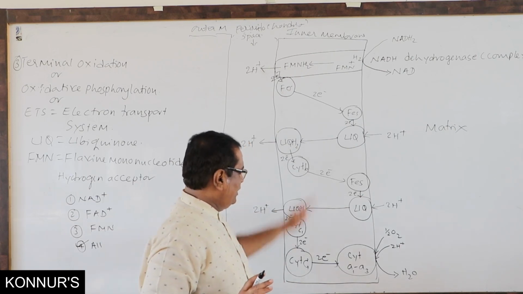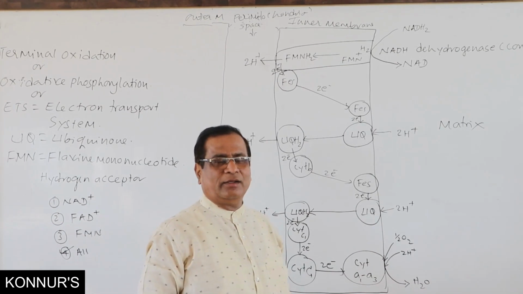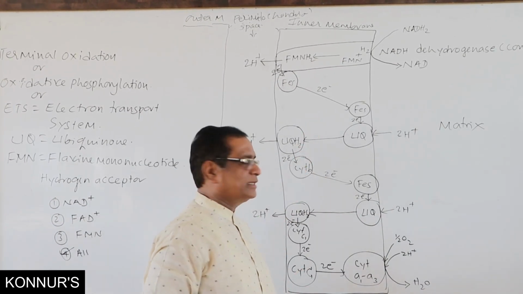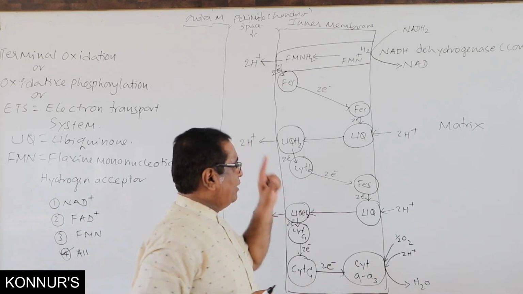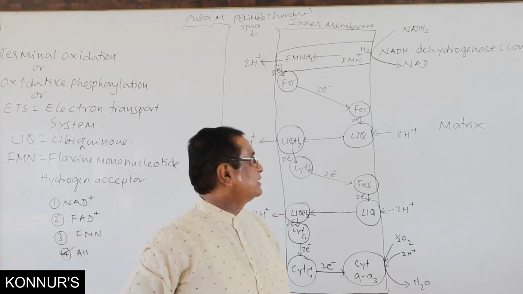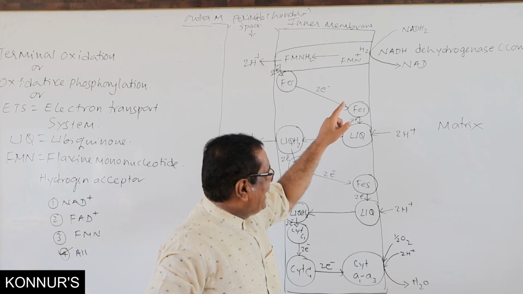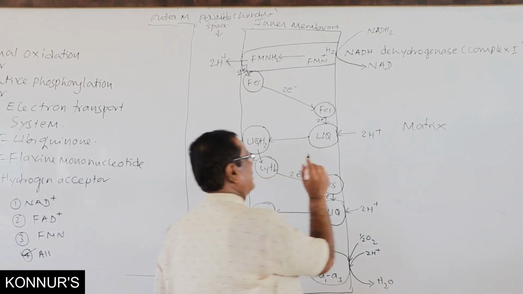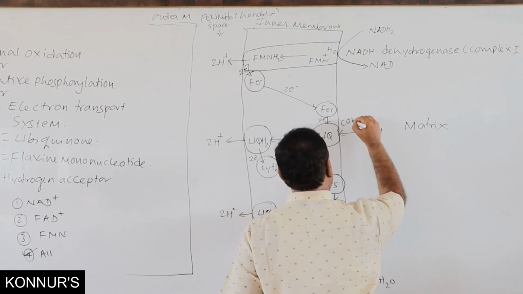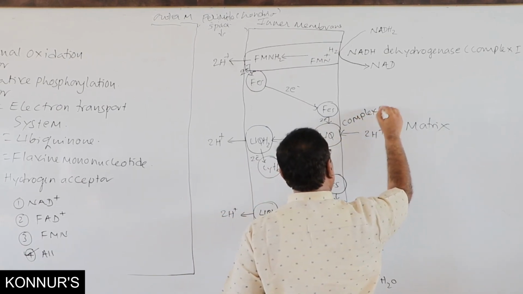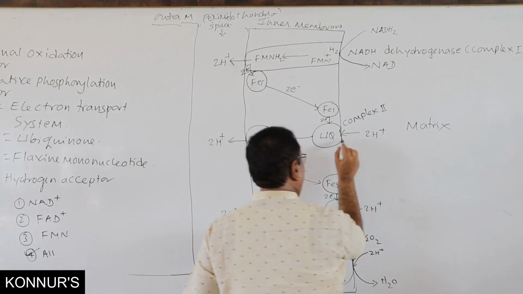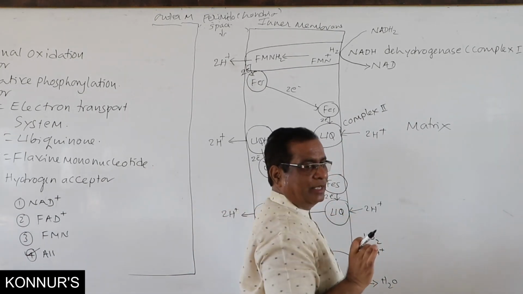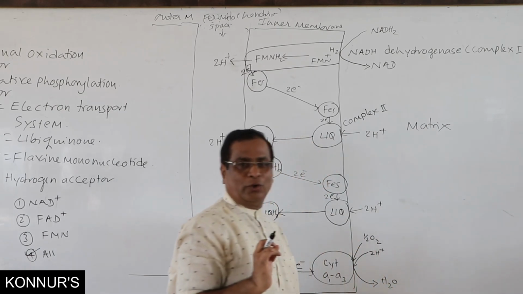And here we can see in total 4 complexes. The first complex consists of NADH dehydrogenase. The second complex is here, where the protons from the matrix are pumped to the ubiquinone.